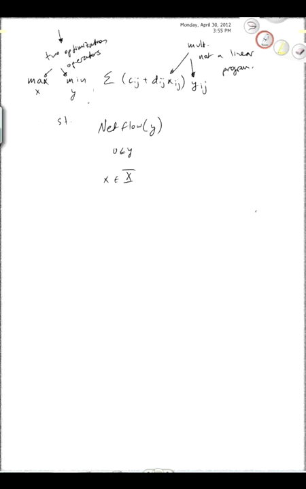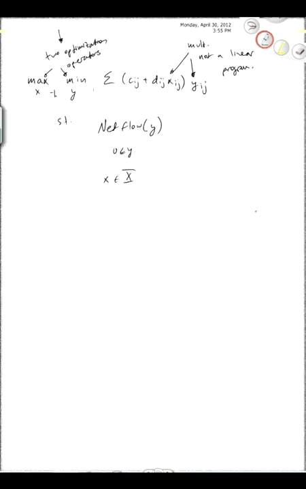And generally, there are two ways of doing this. One way of turning a minimization into a maximization is to switch the order with a -1. If you multiply by a -1, that's going to switch a max to a min. Another way of doing this is by taking a dual.